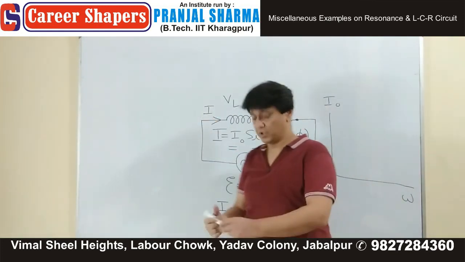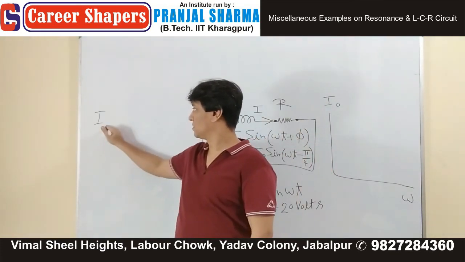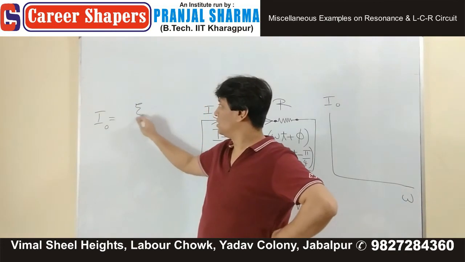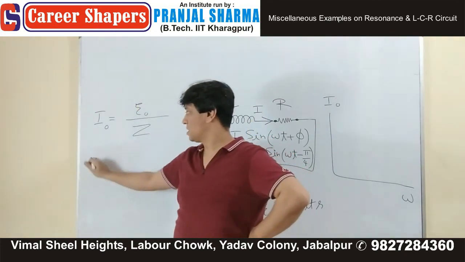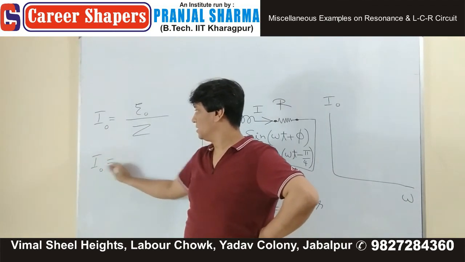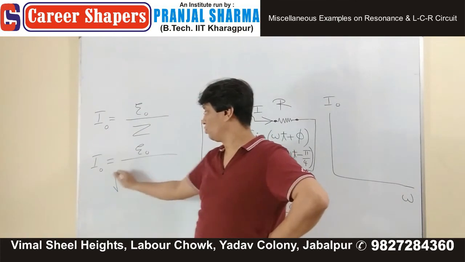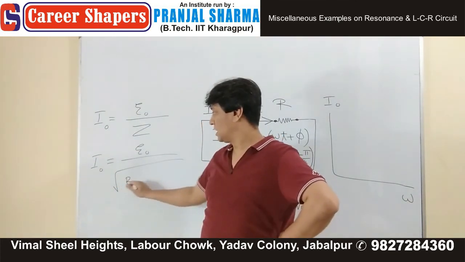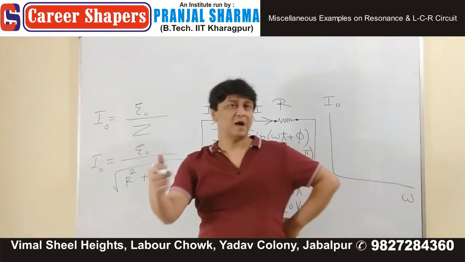Look here, hint. What is I naught? E naught divided by Z. What is Z? Z is root over R square plus XC minus XL.